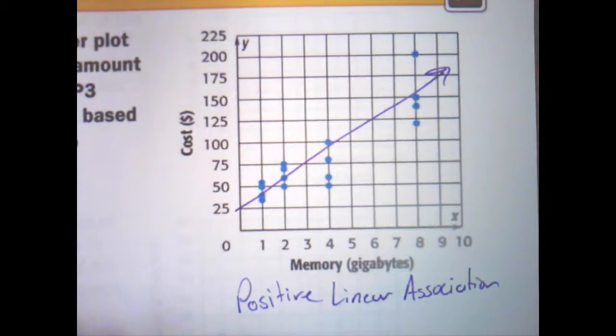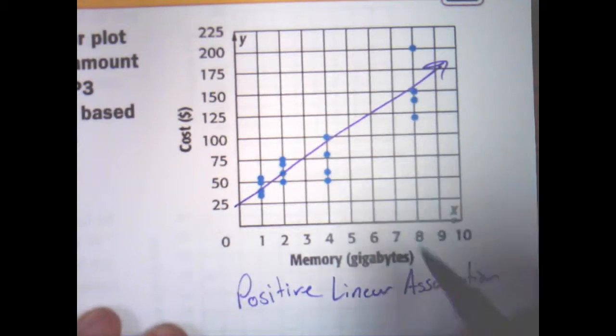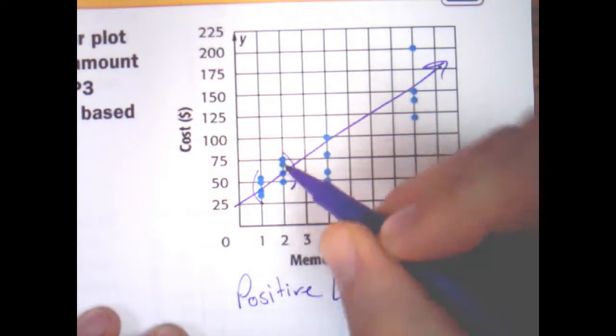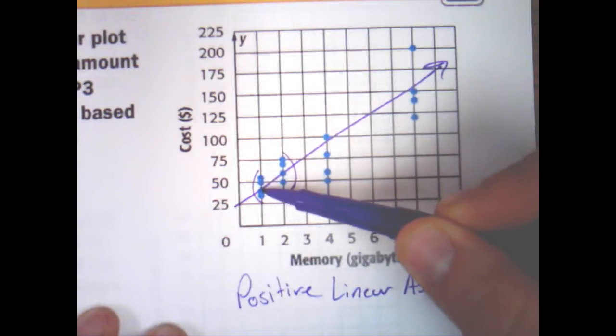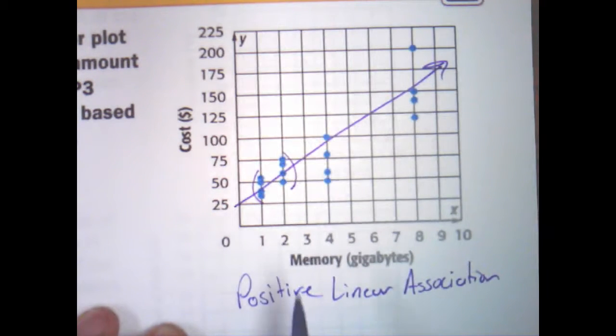The next thing we would look for would then be any clusters or outliers. So if we want to take a look at where a lot of our points are, I think there's a cluster right here between 1 and 2 gigabytes. Right here. Look at that. There's 1, 2, 3, 4, 5, 6, 7, 8 points. Almost half of our data is right there between 1 and 2.